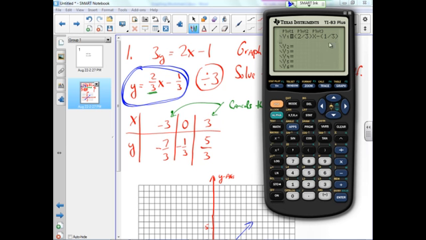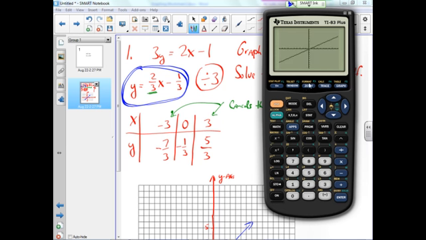And now I can click on zoom. I'm going to do zoom standard because I think mine remembered where I was a while ago. Ordinarily, you would just do this. Oh, wait a minute. Don't worry about that. Just hit graph, and you're going to get that.